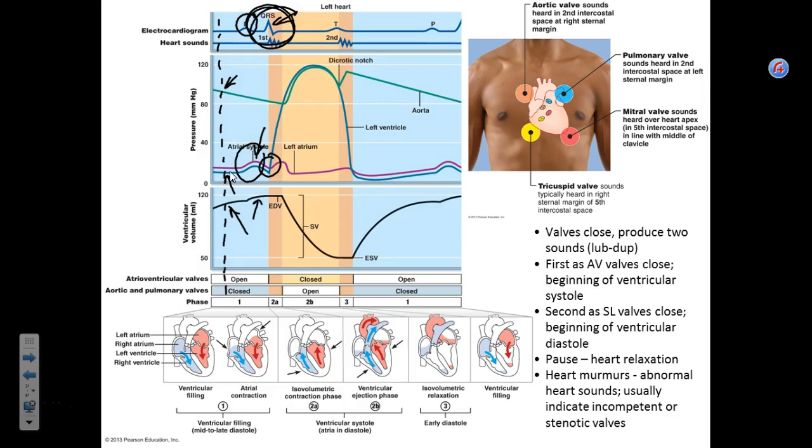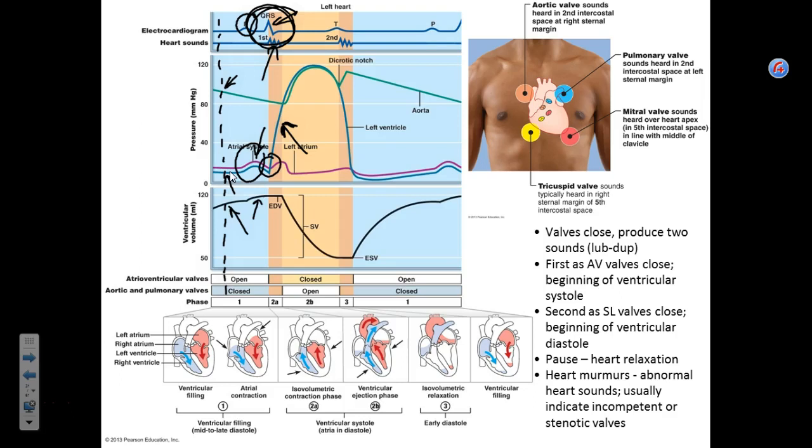Ventricle starts to contract, AV valves close, and that's actually the first sound that you hear. And the pressure in the ventricle skyrockets. At this point, you can see that the pressure in the ventricle, the blue line here, is between the aortic and atrial. So it's not as high as aortic, but it's higher than atrial. So that's your isovolumetric contraction. Does that make sense?